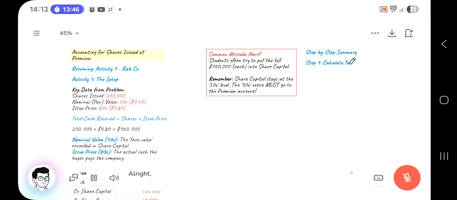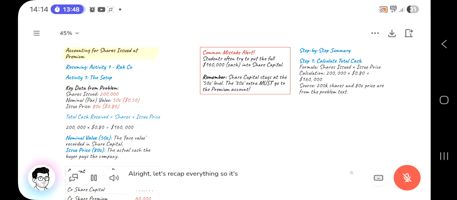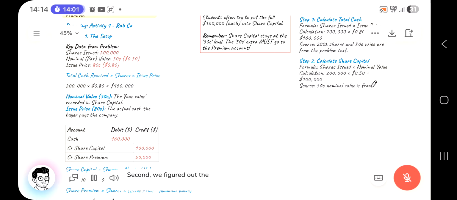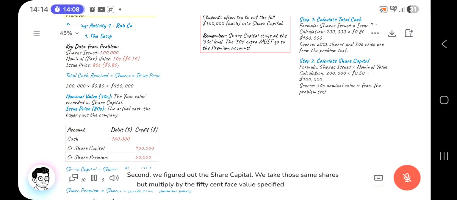All right, let's recap everything so it's crystal clear. First, we found the cash by multiplying the shares by the 80-cent price from the question. Second, we figured out the share capital. We take those same shares but multiply by the 50-cent face value specified in the prompt.